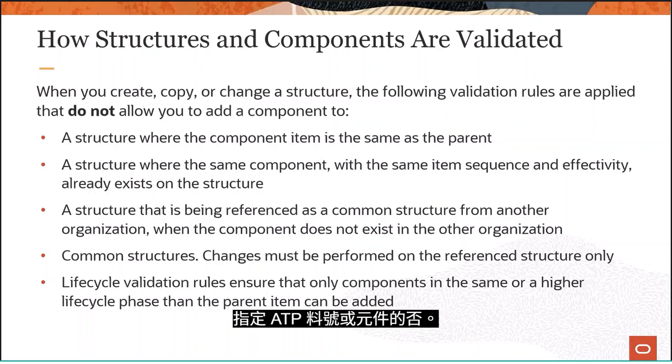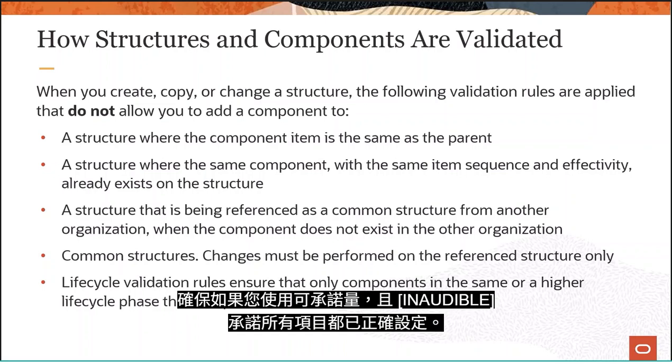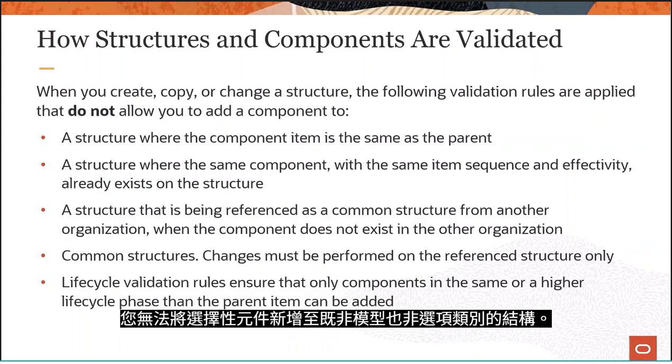Specify no for ATP items or components. So just know, make sure that you're consistent there, and make sure that if you're using the available to promise and the global order promising, that everything is set up properly. You cannot add an optional component to a structure that is neither a model or an option class. You cannot add a component whose planning percentage is not equal to 100.